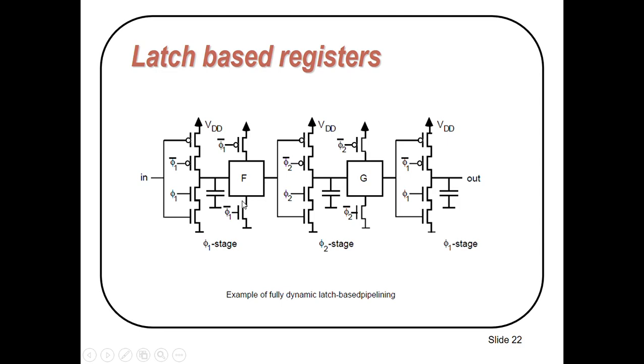This is the first stage and this is the second stage. We have applied different clocks here. You can see this is the two-phase non-overlapping clock in the first stage, and again the non-overlapping two-phase clock in the second stage. So we cannot use the same clock in two consecutive stages. These are different clocks.